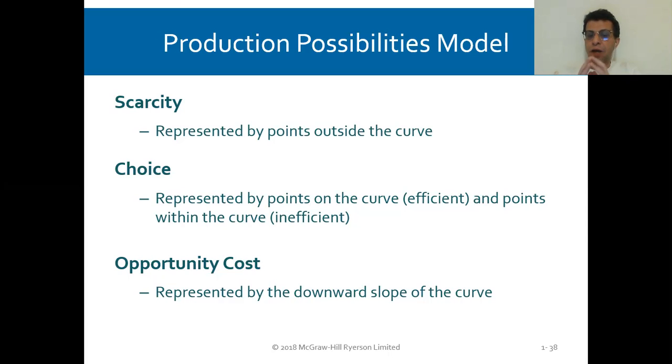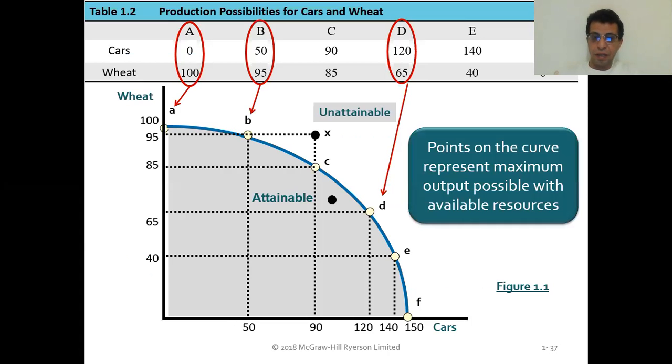So the curve is efficient, and a point within the curve is attainable but inefficient. Here, unattainable. You cannot reach it unless you have some kind of technology improvement.